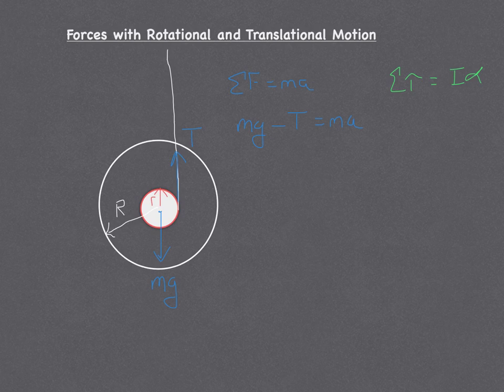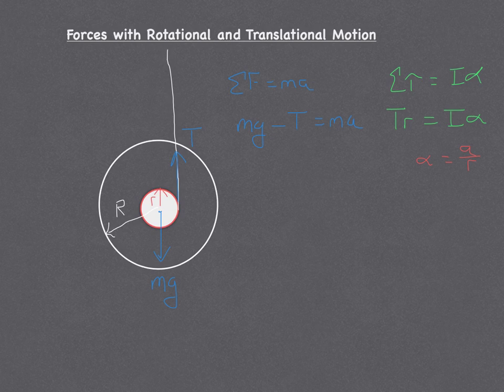So we have one torque, and that is caused by the tension acting at the small radius from the center. Now, the combination of these is still that very similar process that we used in the last chapter, where we can substitute that alpha is equal to a over r.